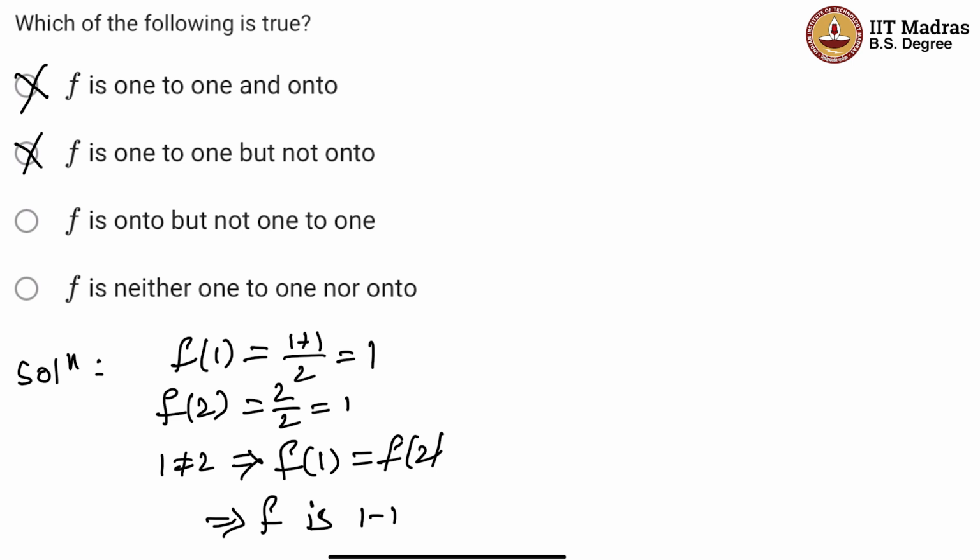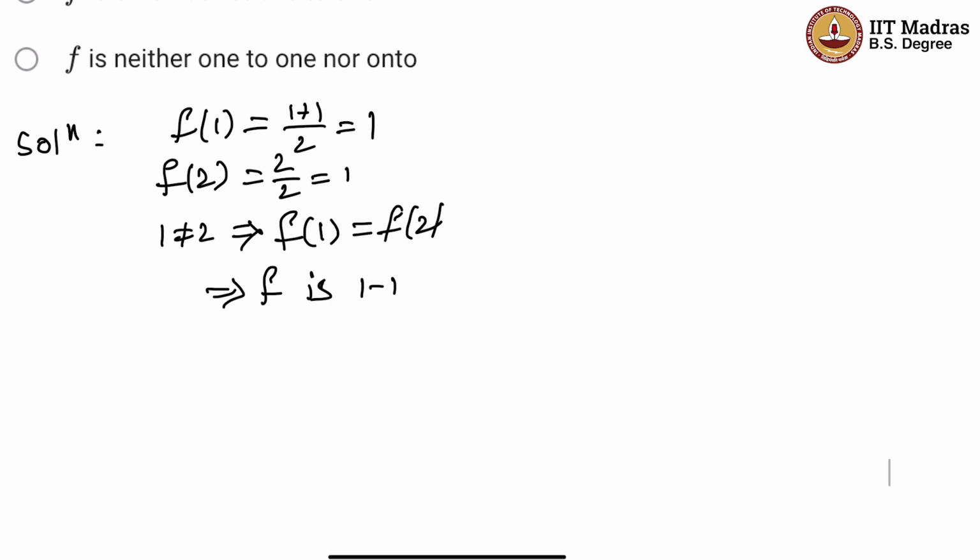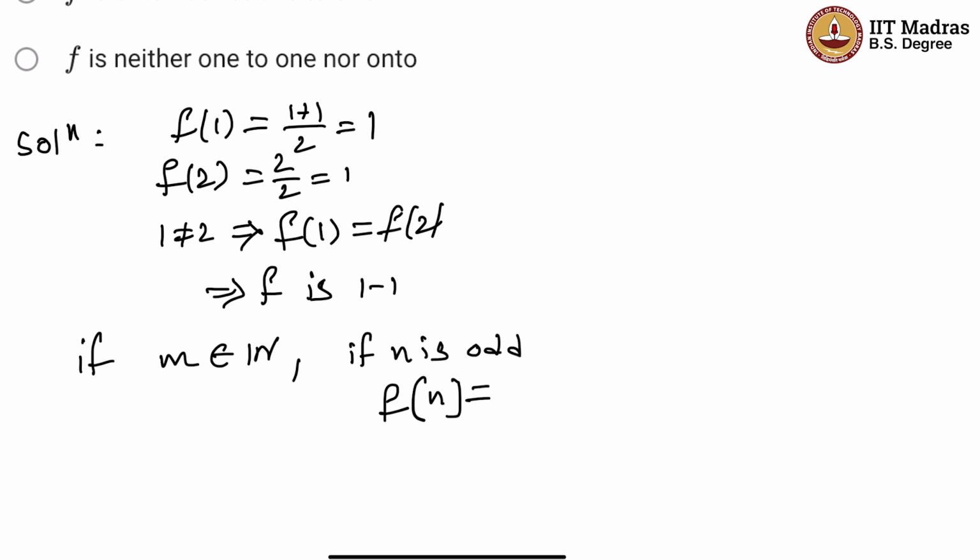Now we need to check whether f is onto or not. So if we take any natural number n, what will be the pre-image? If n is odd, then if the pre-image m is odd, we will get f(m) equals n, that is (m + 1)/2 equals n. That means m equals 2n - 1.